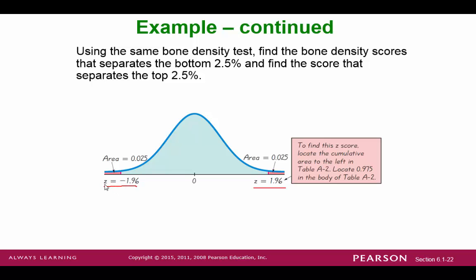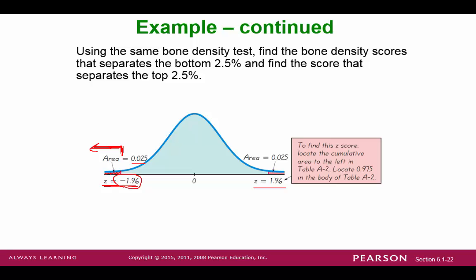First, let's find this negative 1.96. So the idea is that we will be looking for the area on the left side of the critical value we're looking for. So let's say we didn't know what this was yet, but we know that the area on the left side of that number is 0.025.